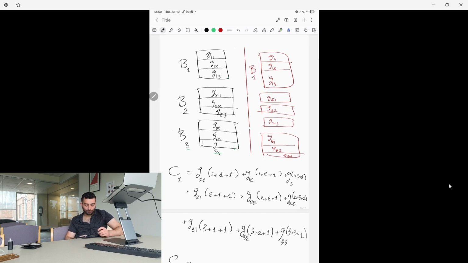I think this one also is wrong. So it is G_KI, I plus k minus 1.